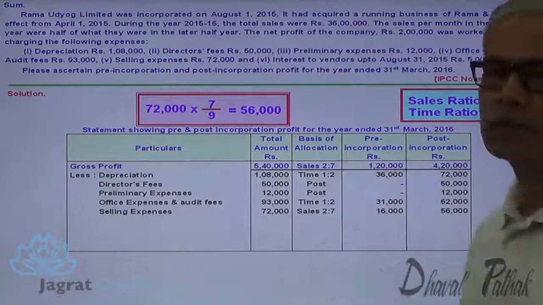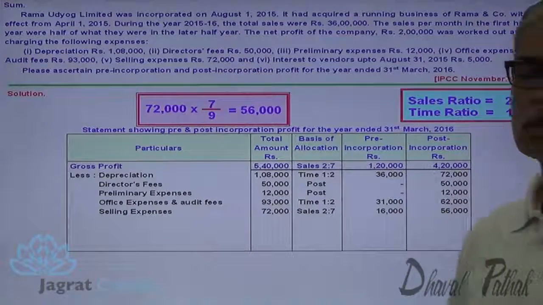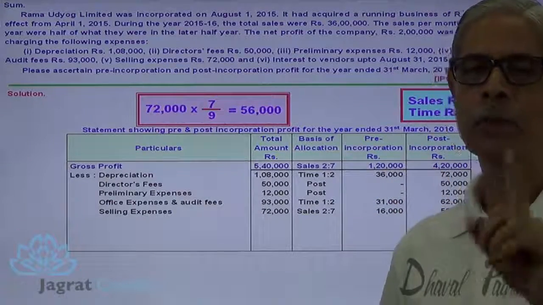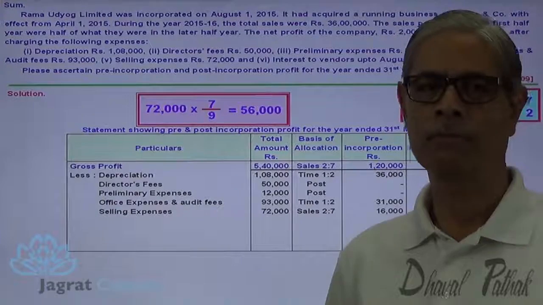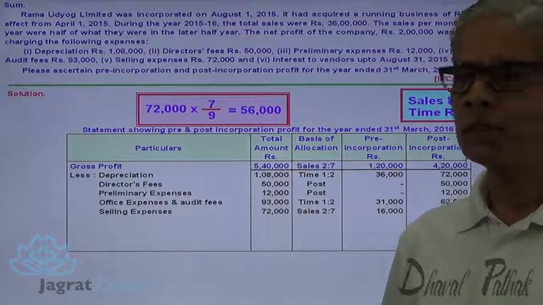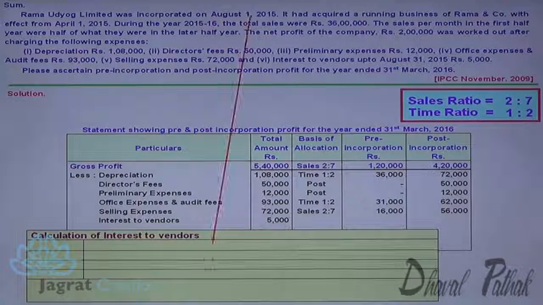Then comes, after selling expenses, interest paid to vendor up to 31st of August. Date of incorporation is 1st of August. Interest is paid up to 31st of August. So interest is paid for 4 months of pre-incorporation and 1 month of post-incorporation. Interest is an expense based on time, so it will be distributed on the basis of this information.